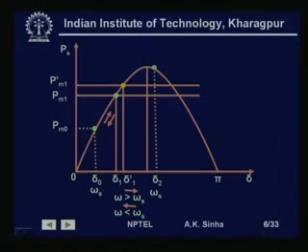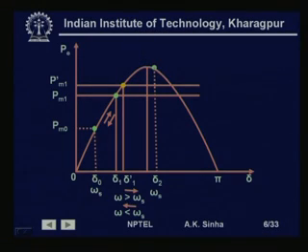That is, we work at an operating point much below the steady state stability limit of the system. Otherwise, a sudden disturbance may make the system transiently unstable.